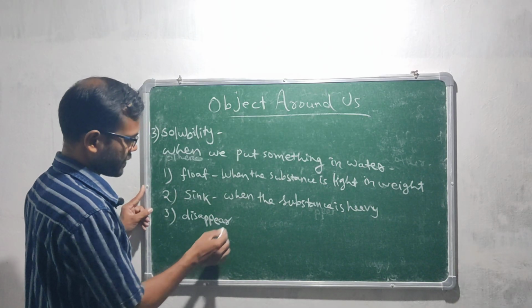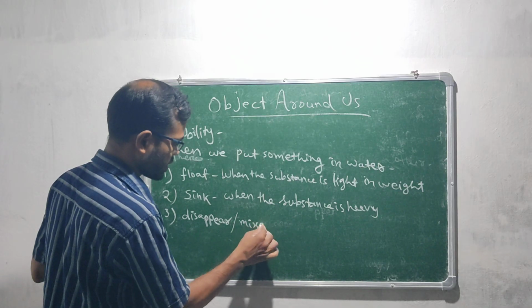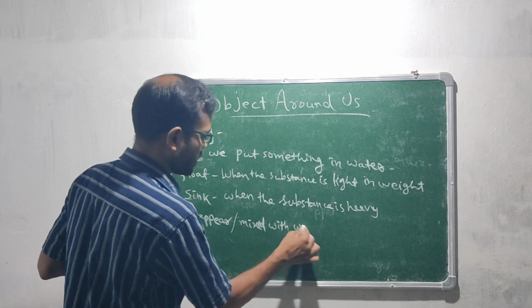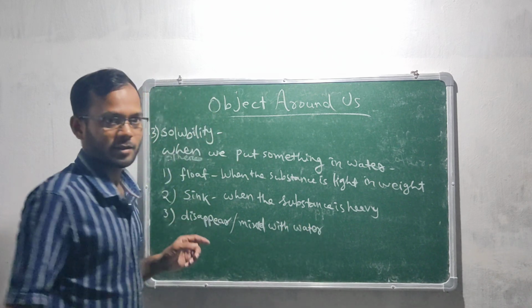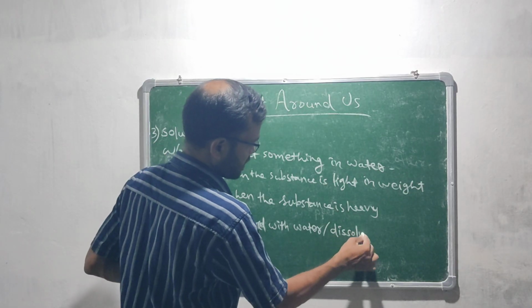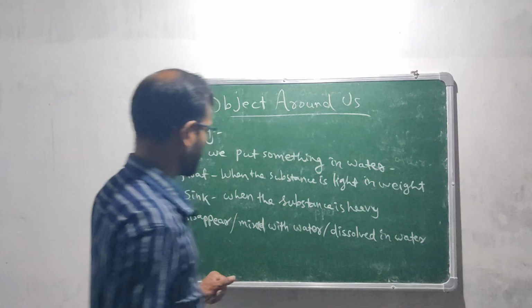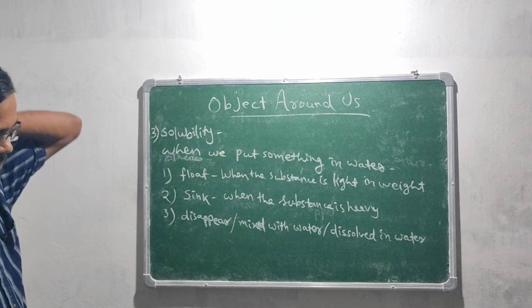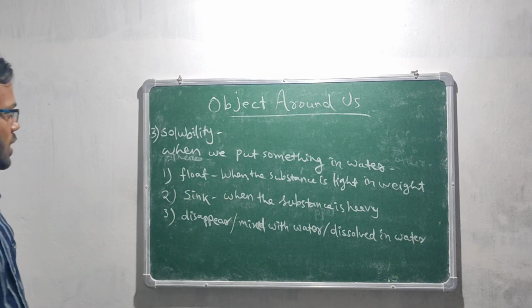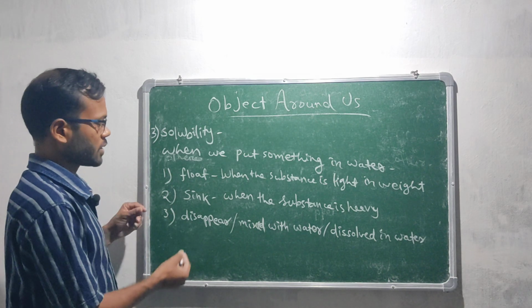Disappear, or you can say mixed with water. What is the formula of water? H2O. Or you can say dissolved in water. When will it happen? When the substance is soluble in water.